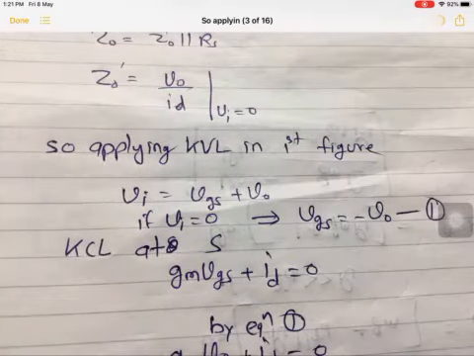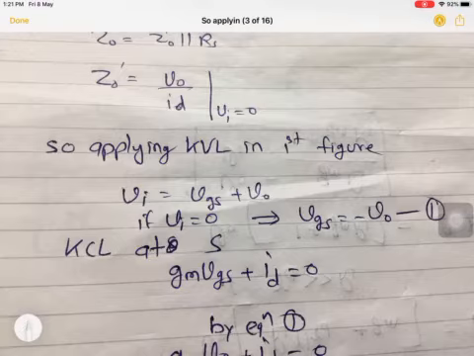How will I calculate Z0 dash? V0 upon ID, as per two-port network theory: output voltage upon output current when the input voltage is 0.